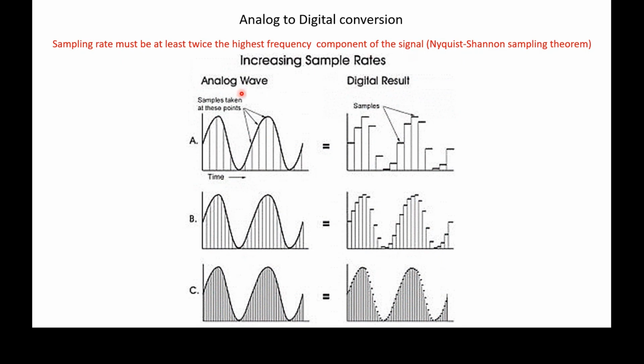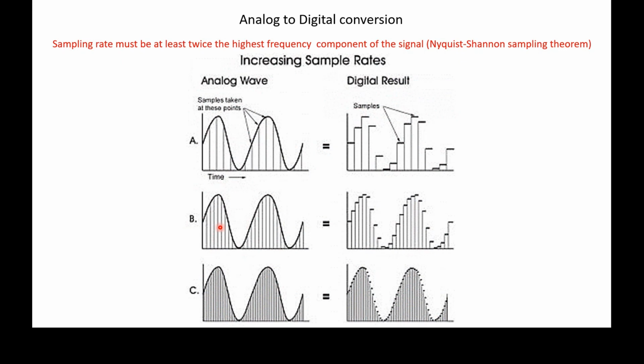So here's an example of our analog wave and the digital result if we take the samples at the points indicated by these lines. And so this sine wave here, we would sample it and it would end up looking like this. And it sort of looks like a sine wave if we use our eye.